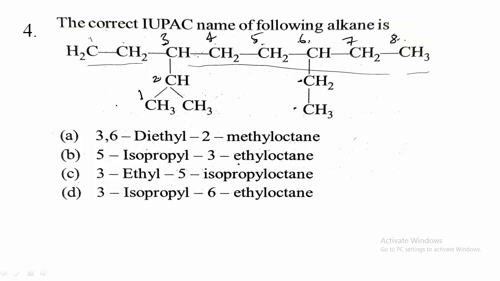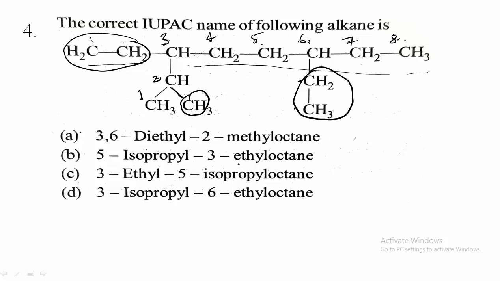See here, if I take this chain, one substituent is attached at position 1, at the third position one substituent is there, and at the sixth position one substituent is there. So 3 substituent groups are attached with this kind of numbering.